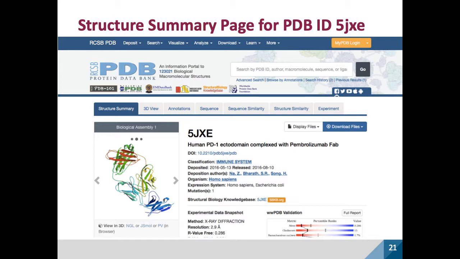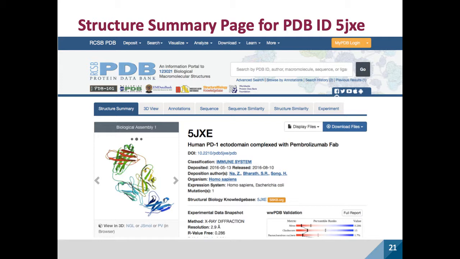So when 5JXE comes up, you can see the title of the PDB entry here: human PD1 ectodomain complex with the pembrolizumab Fab. And then in this graphical window, you can immediately see, okay, here's the Fab fragment, here's PD1, and it's possible to explore this in a lot more detail in 3D.